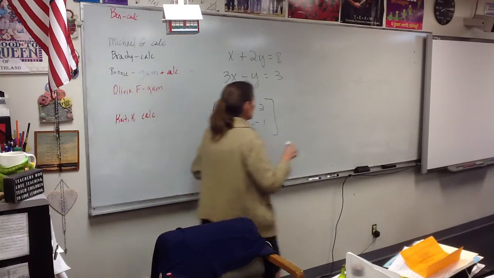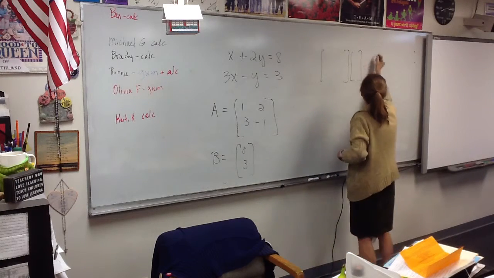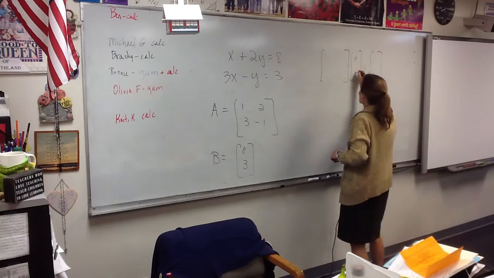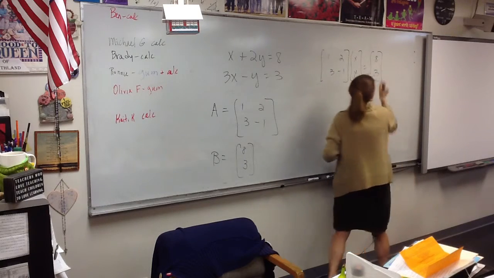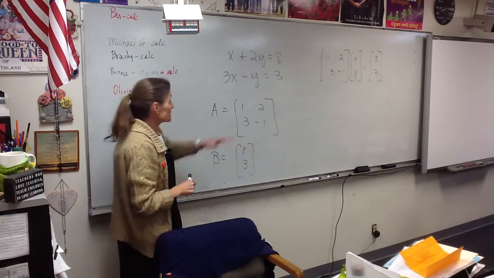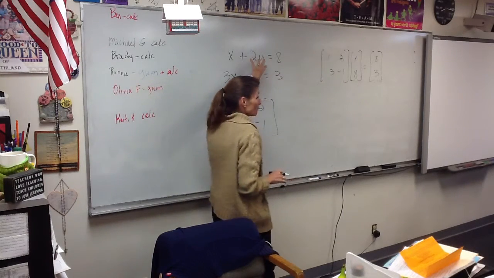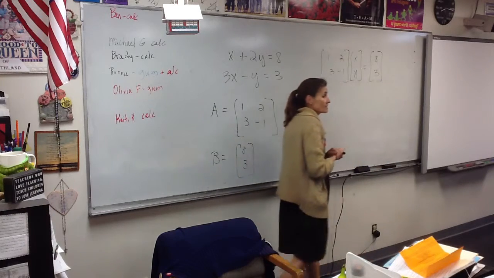Now, the reason that I need those, remember, I can take this system and write it as a matrix equation. This is a single equation that represents this system. Here are the coefficients, here are the variables, here are the constants.